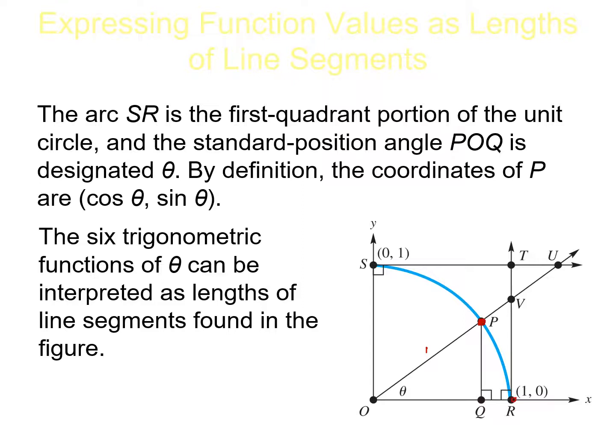R is where it hits the x-axis, and S is where it hits the y-axis. T completes our unit square, and U is where the ray that goes through the origin through P intersects the horizontal line here.